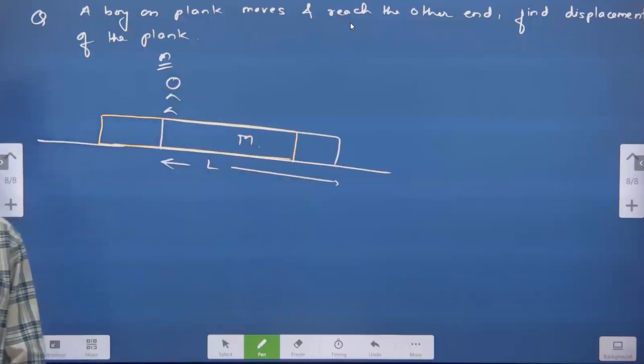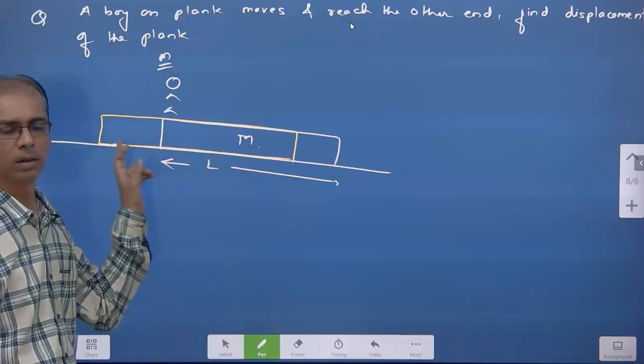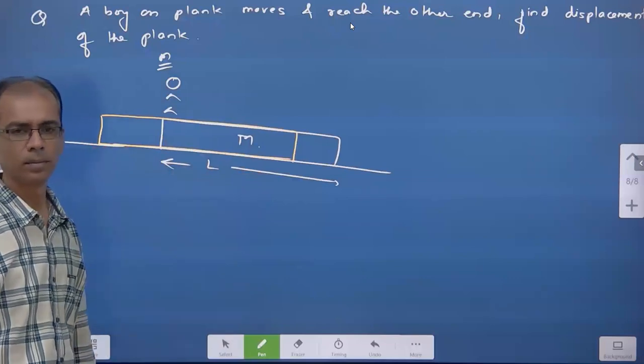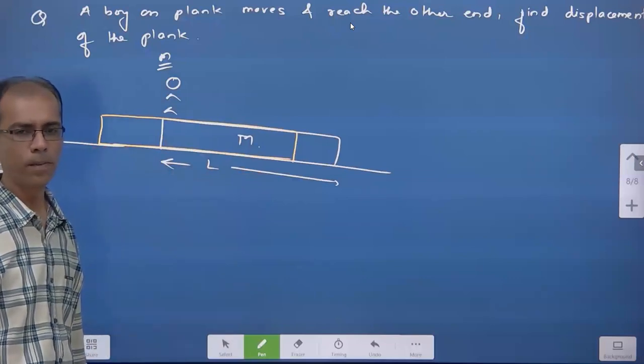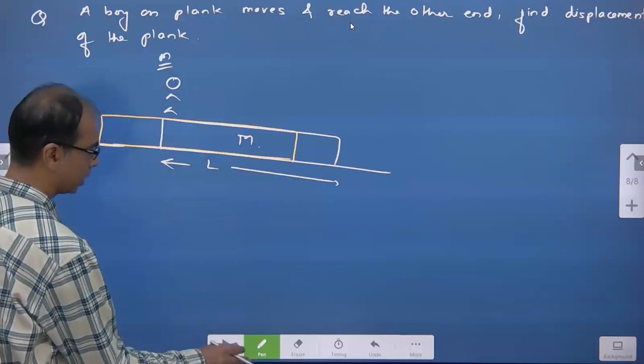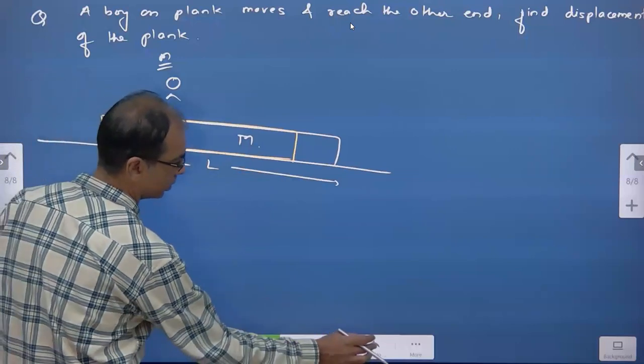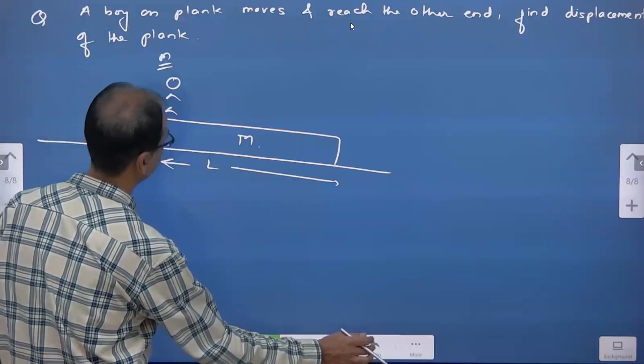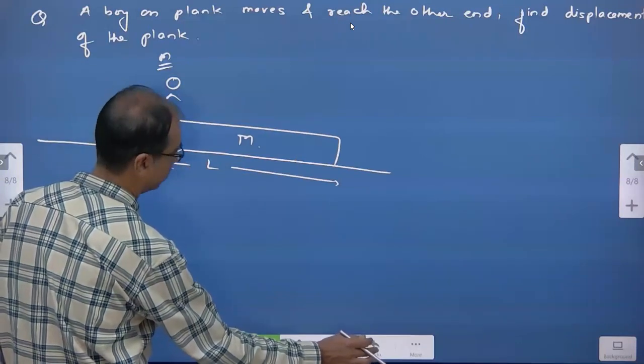Are you able to see that? Are you able to distinguish yellow color and white color? Or shall I make it with a different color? Tell me. Are you able to see this yellow color over here? If not, then I'll make it some other color. Just a minute, let me make it black. I think black will be better.